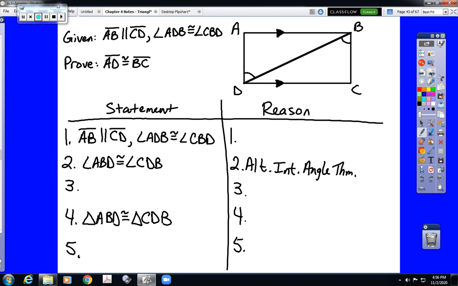So our basic approach here is that we're going to go ahead and prove that the triangles in that picture are congruent triangles. Because if we can state that triangle ADB is congruent to triangle CBD, then that would be instantly enough for us to state that AD and BC are congruent, because that's one of the 6 sets of parts. So just like any other proof, it starts off with the given.